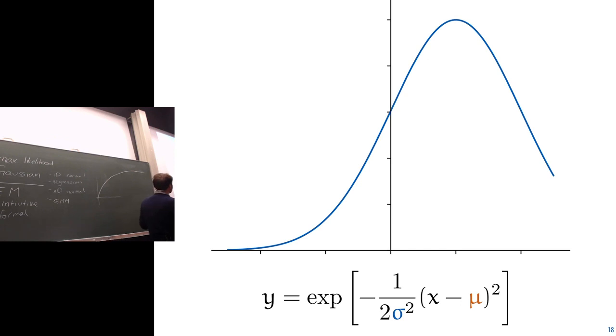All we need to do now is make sure that the probability of the whole number line, so the area under the entire curve, sums to 1, which you can do.